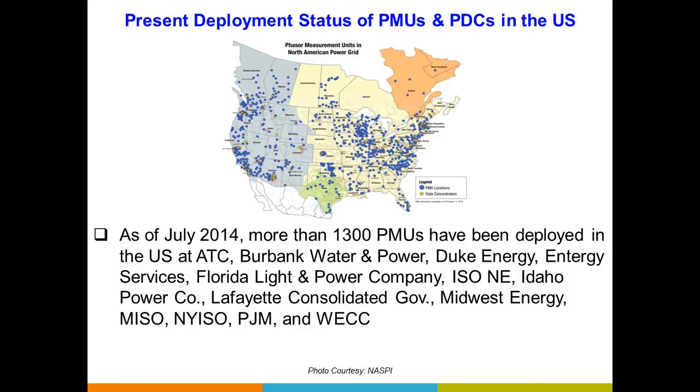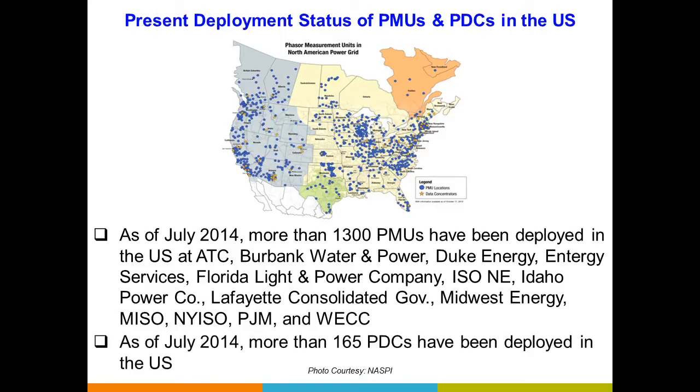And if you see this slide, you can see the exact locations, the different utilities and the ISOs that have PMUs. And as of the same time, there are more than 165 PDCs that have been deployed in the US power systems. So even though 1300 PMUs and 165 PDCs have been deployed, probably in the future there will be more of these kind of devices, and hence the journey will still continue.